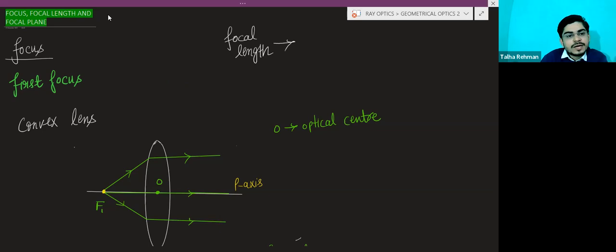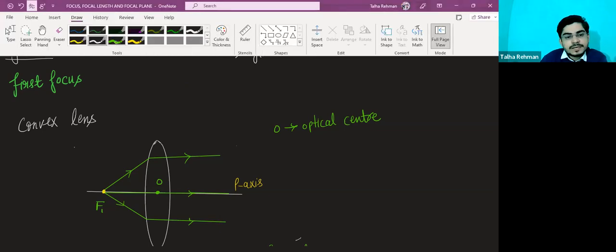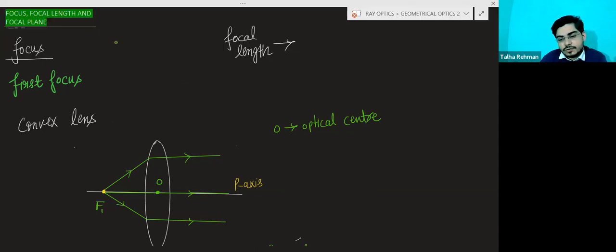Basically, the focal length is a distance between the optical center and the focus. Distance between optical center and focus.